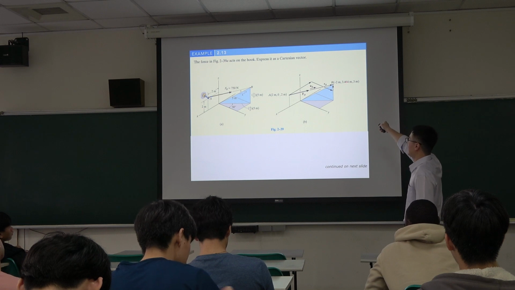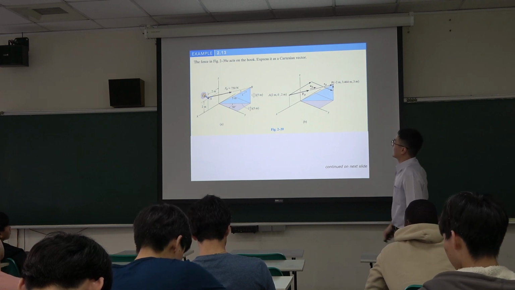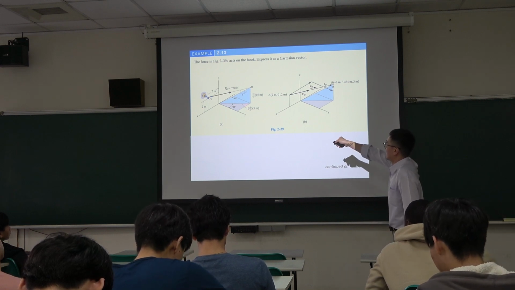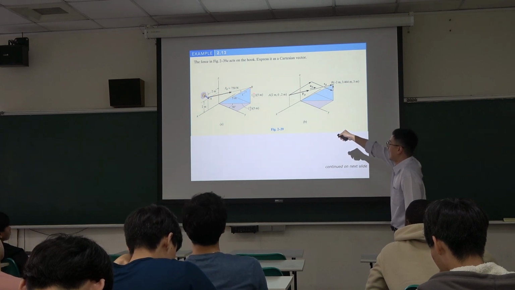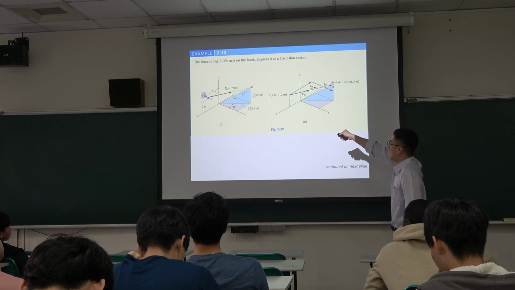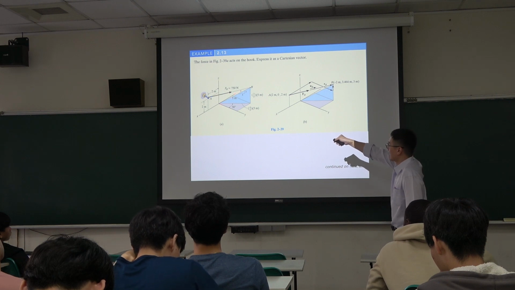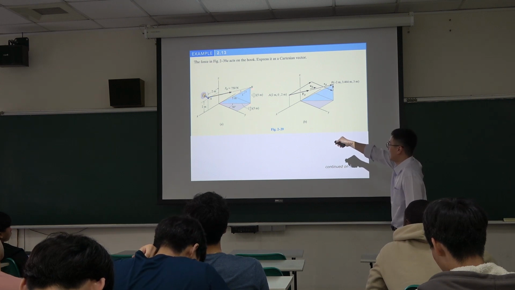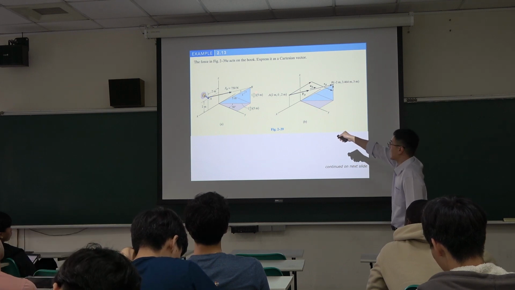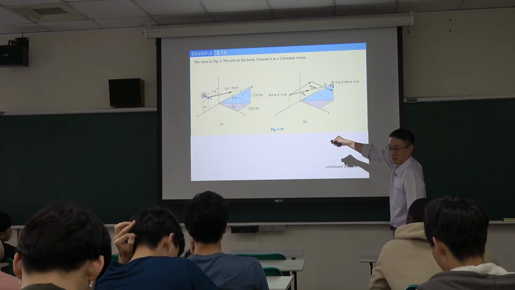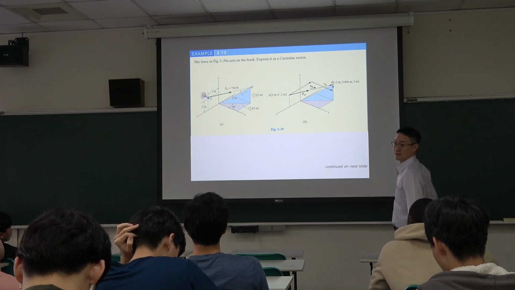So for point B, X, here is a right triangle. So if 4 meter here, so that 5 meter here, that means here is 4 meter, and here is 3 meter. So follow this right triangle.